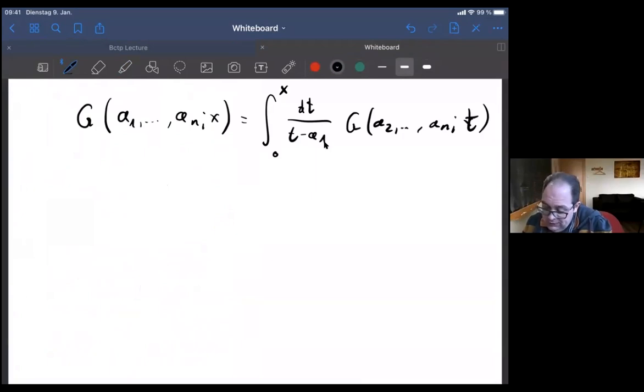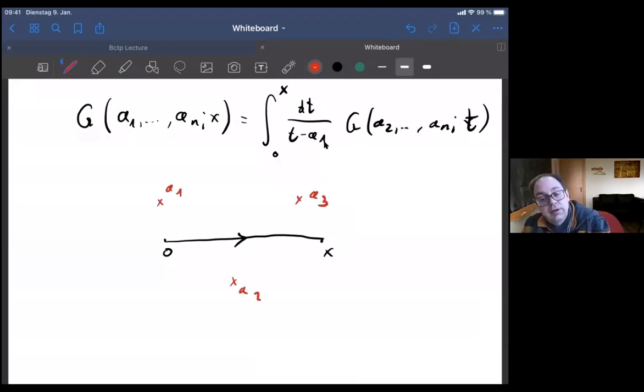So what's happening here? I have the point 0 and the point x, and I'm integrating from 0 to x. And somewhere there are these points A1, A2, A3, and so on. Now, of course, if A1 happens to be here, I'm in trouble.